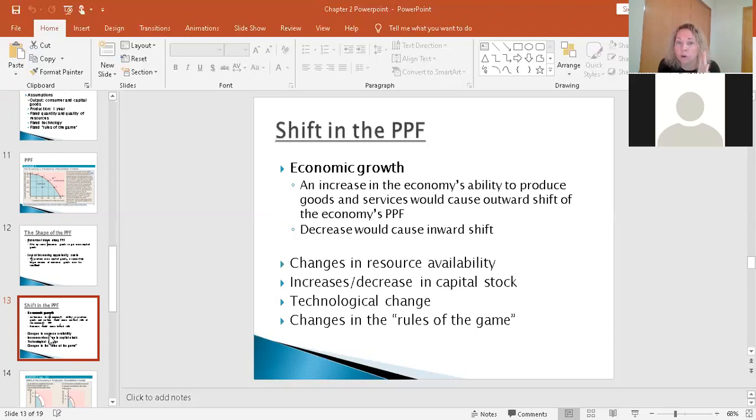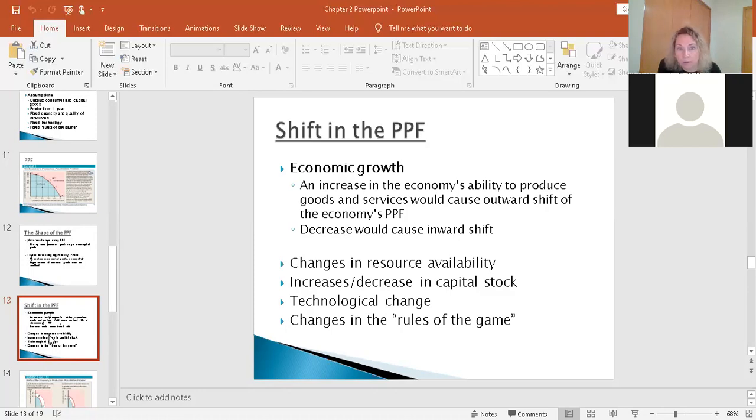So we see it increase, sort of move into that unattainable area. We call this economic growth, right? If your PPF increases, you're having economic growth. We typically see this happen at a rate of about 3% a year here in the US. That would be a good, sustainable, healthy rate of growth.